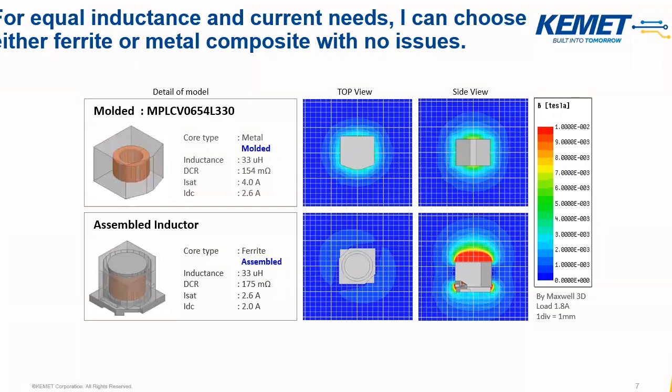If you get a system where, even at elevated temperatures, you're staying below that range where the inductance drops off drastically, then your ferrite tends to be a good choice because it does have lower losses, particularly at lower frequencies, than the metal composite.